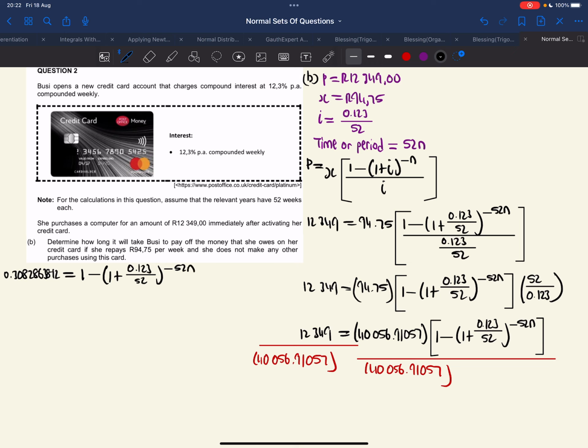Then you can take the 1 to the other side and rearrange the formula.